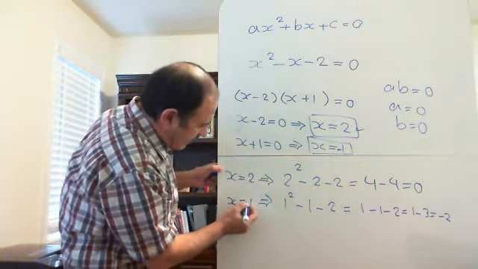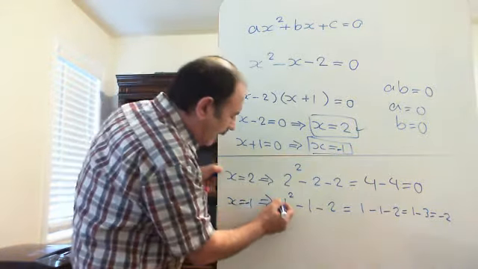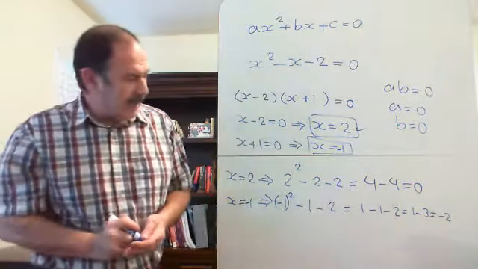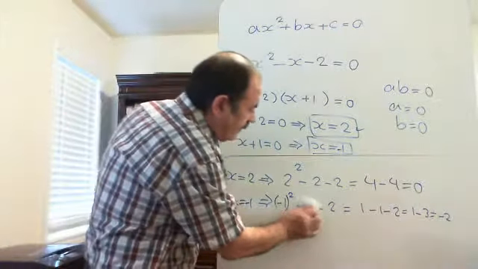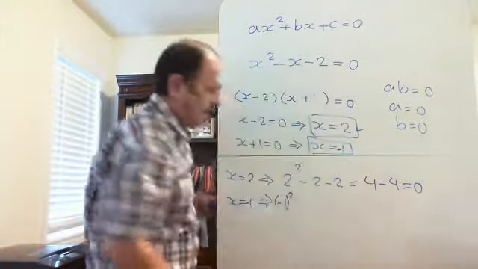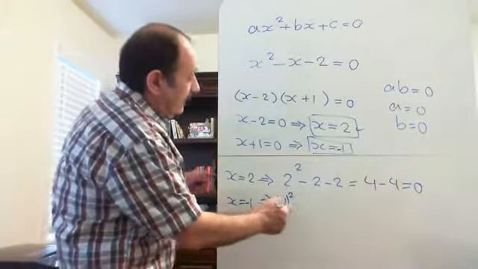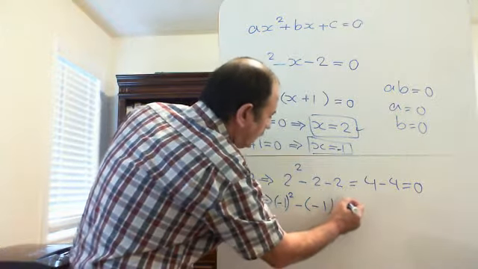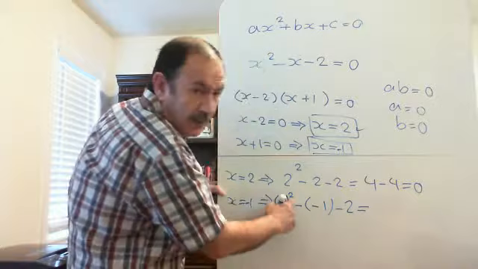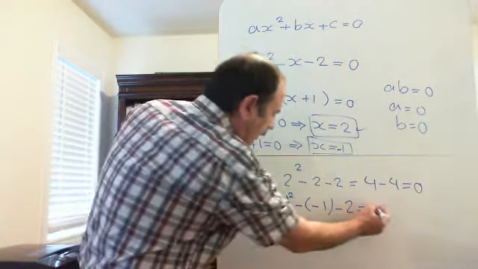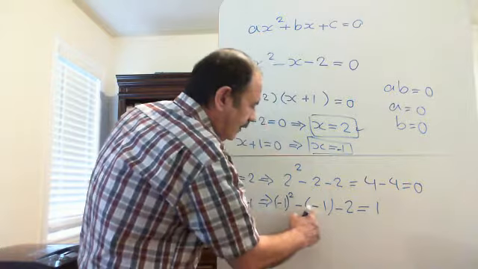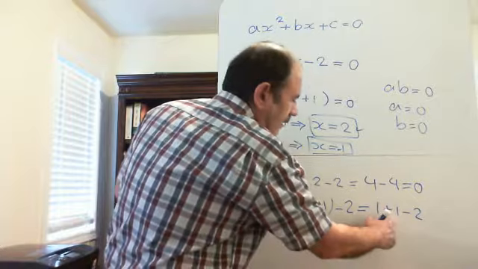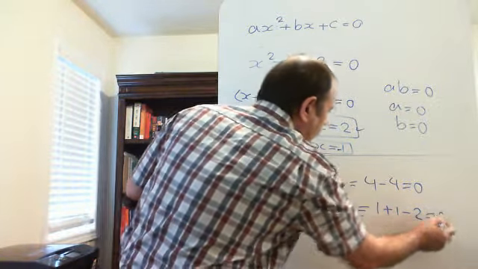Now if I check x equal negative 1, it's going to be negative 1 to the power of 2, substituting negative 1 instead of x, minus x is negative 1, minus 2. Negative 1 to the power of 2 is 1, negative times negative is positive 1, and minus 2, so 1 plus 1 is 2, minus 2 is going to be 0.